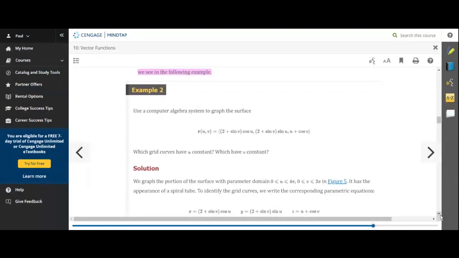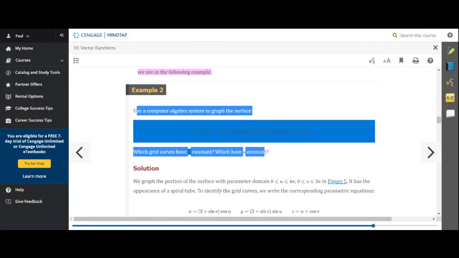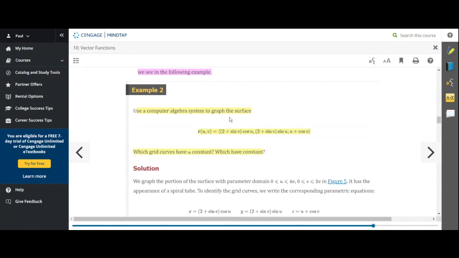So in example 2, they want you to use a computer algebra system to graph the surface represented by this vector function. Which grid curves have U constant, which have V constant?